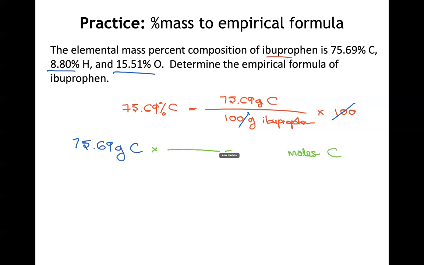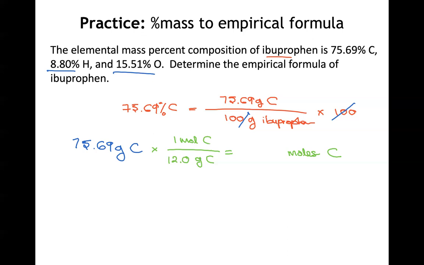Right, we're going to put moles of carbon per grams of carbon. Again, that is the atomic weight of carbon, all right, from the periodic table. It's not a molecule, it's just the atom, so it's the atomic weight of carbon. And it's 12.0 grams of carbon, right? So then grams cancels out grams and we end up with the moles of carbon, right?